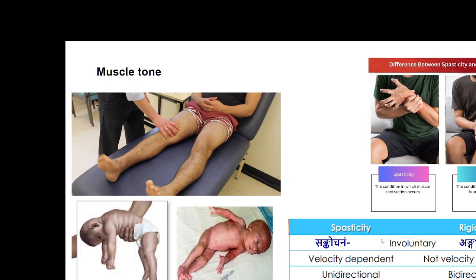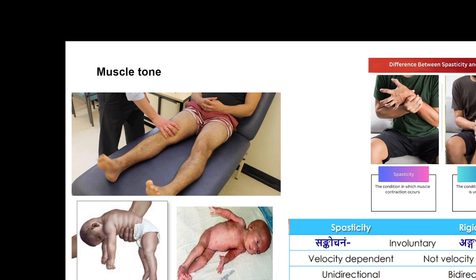Then the next is assessing the muscle tone. Muscle tone is defined as a state of partial contraction in the resting condition. This is a reflex mechanism which keeps the muscles ready for action.